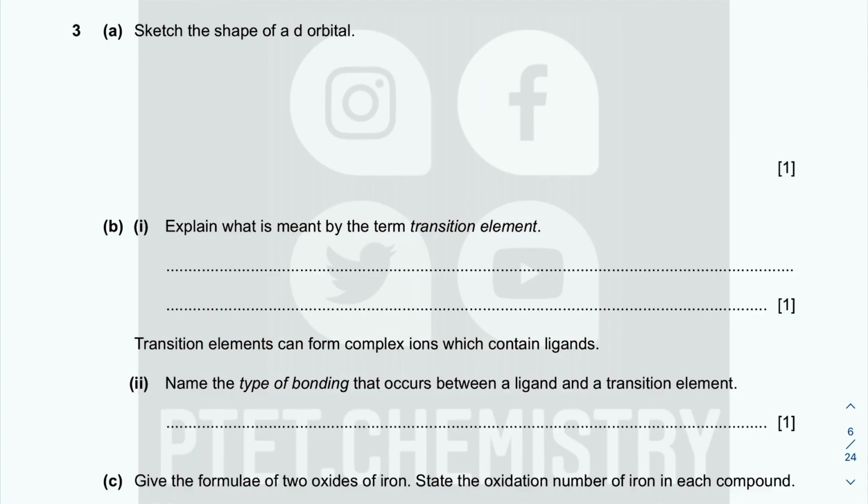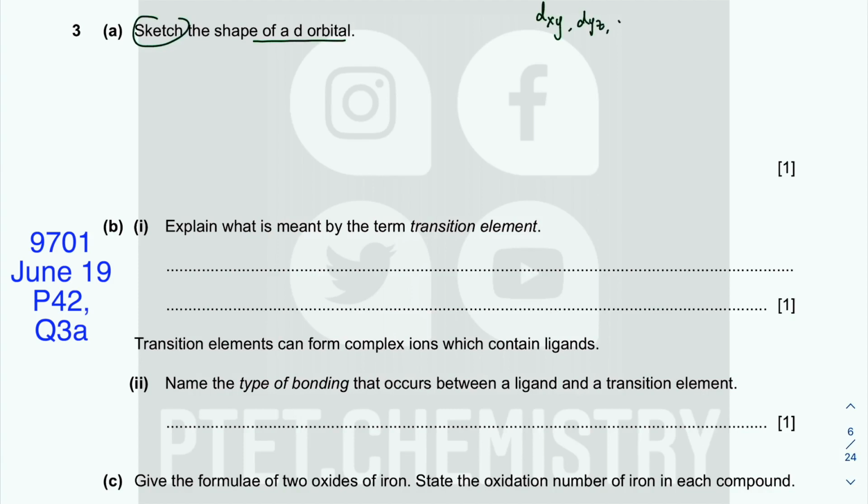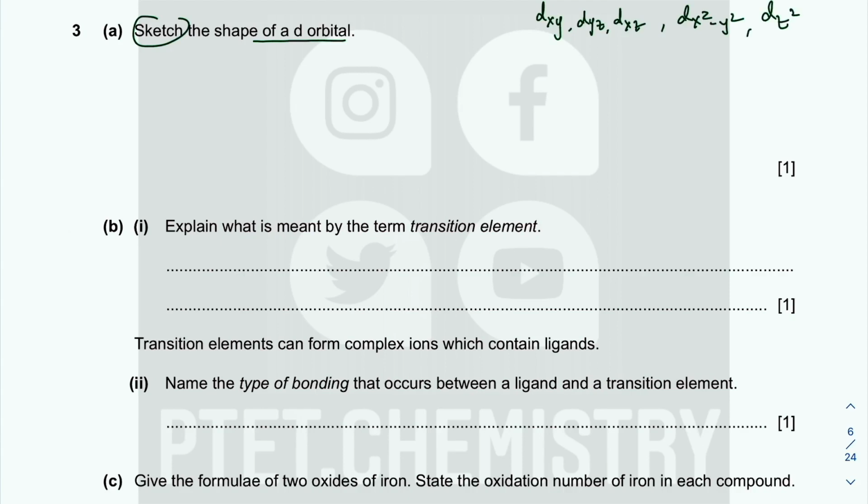So in this question, they want you to sketch the shape of a d orbital. You can choose to draw any one of dxy, dyz, dxz, or you can draw dx2-y2 or dz2, whichever one you like. I'm just going to draw one of them. I'm going to draw the one where it cuts the x and the y axis.